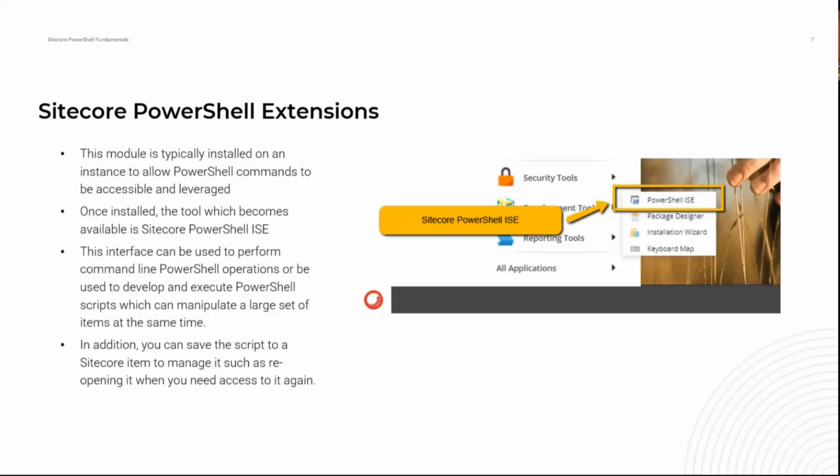But once it's installed, you have access to a tool such as the Sitecore PowerShell ISE, where you can actually issue PowerShell commands, either through a command line process, or you can write a script and run an entire script full of commands you want to run through PowerShell.